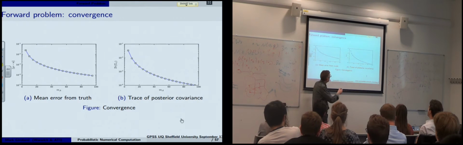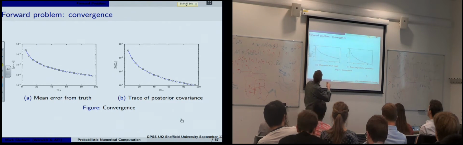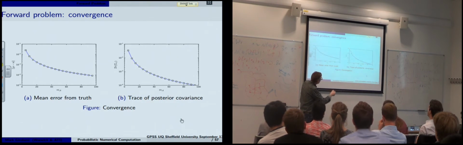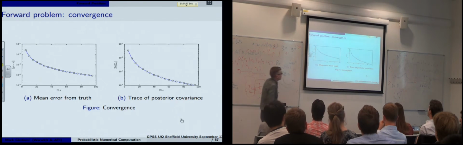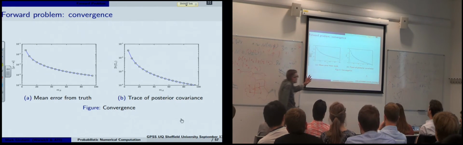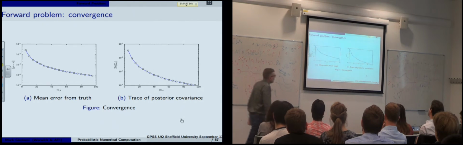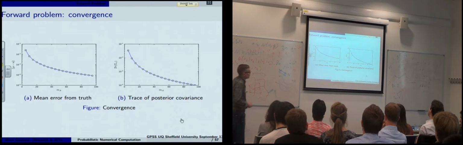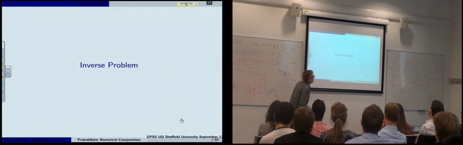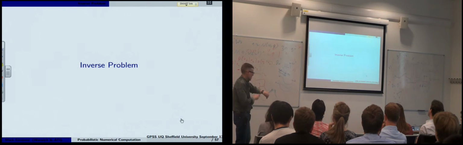And you can see it's of the same order and decays in a sensible way. So we have a diagnostic as well in the posterior covariance structure. So this is nice. Right, we want to propagate.